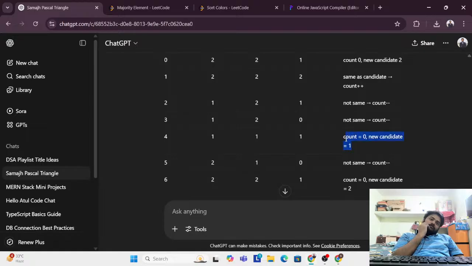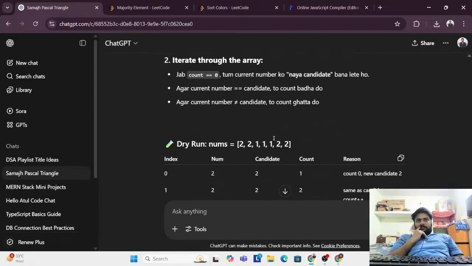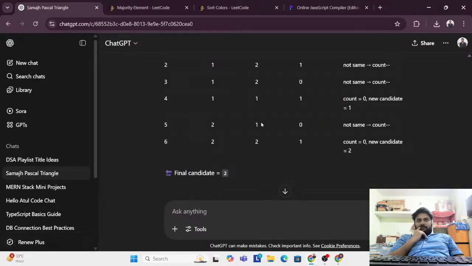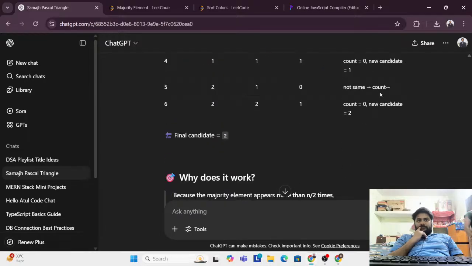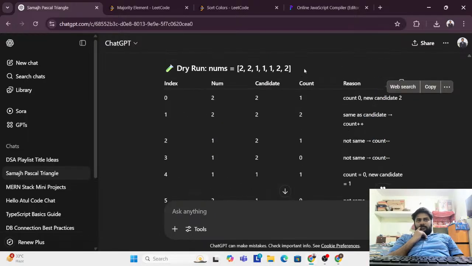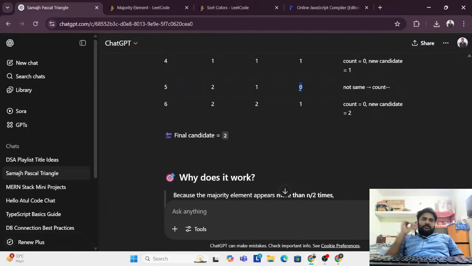So it increases the count and makes the new candidate 1, and it goes to 2 and checks the previous element. Again it becomes 0 because they do not match, so we reduce the count. When it reaches here, because the count becomes 0, the new candidate also becomes 2.